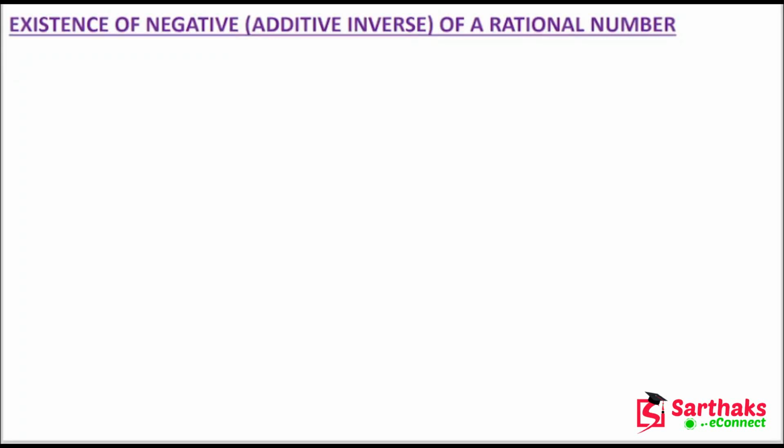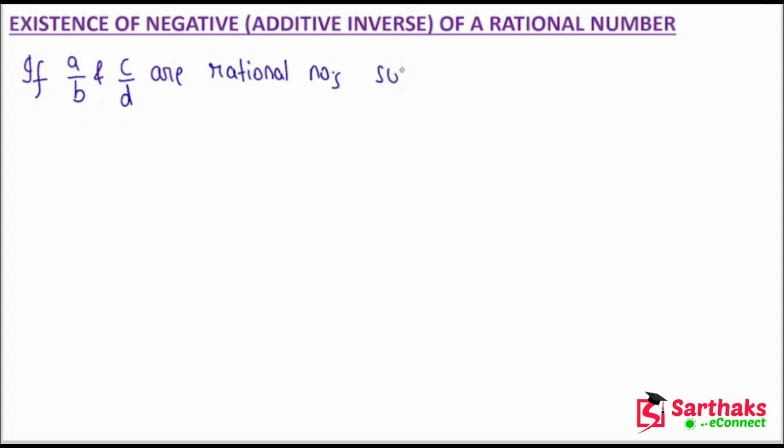So now what is additive inverse, right? Again, if a upon b and c upon d are rational numbers such that a upon b plus c upon d is equal to 0, which is equal to c upon d plus a upon b.